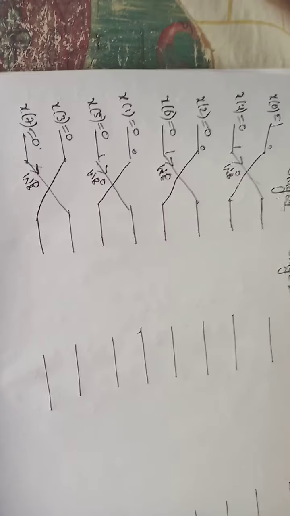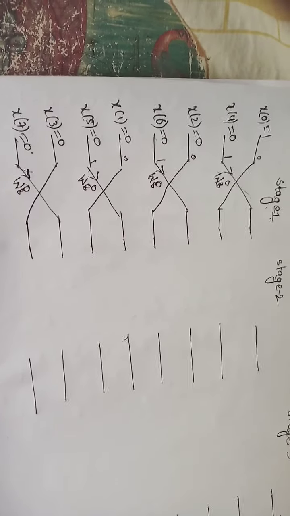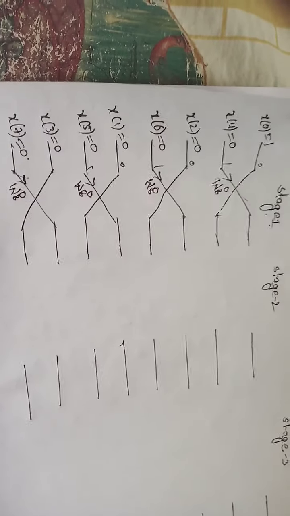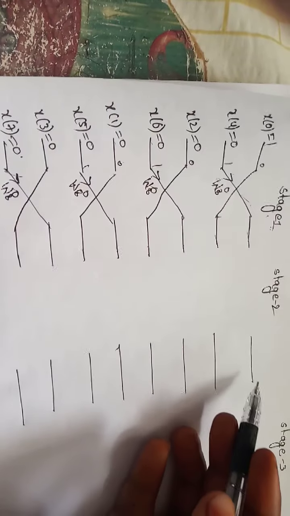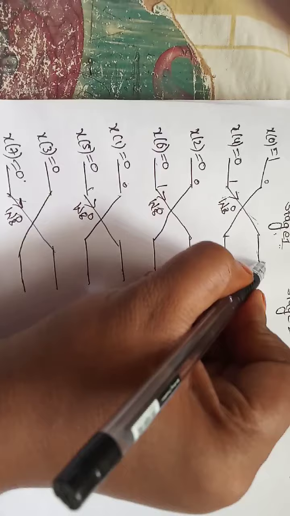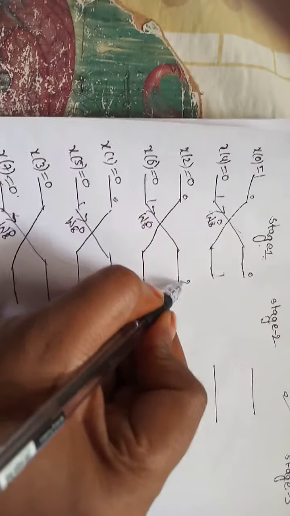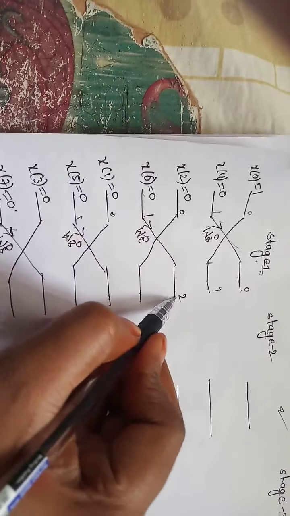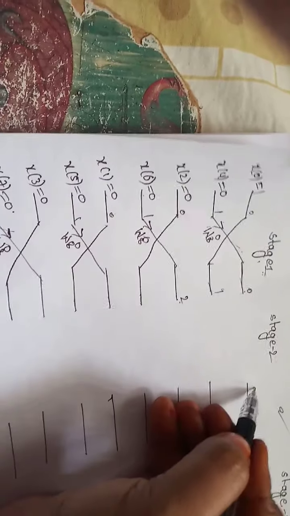And next see input and output separation, that is the 5th step, for stage 2. See the stage 2, we got 2. So here we are writing it as 0, 1, 2. 0, 1, so these two are connected.